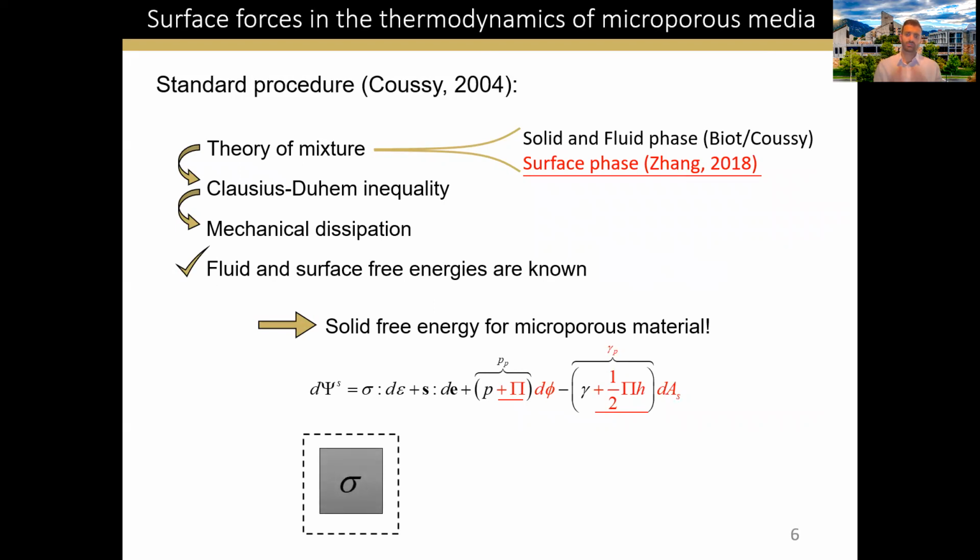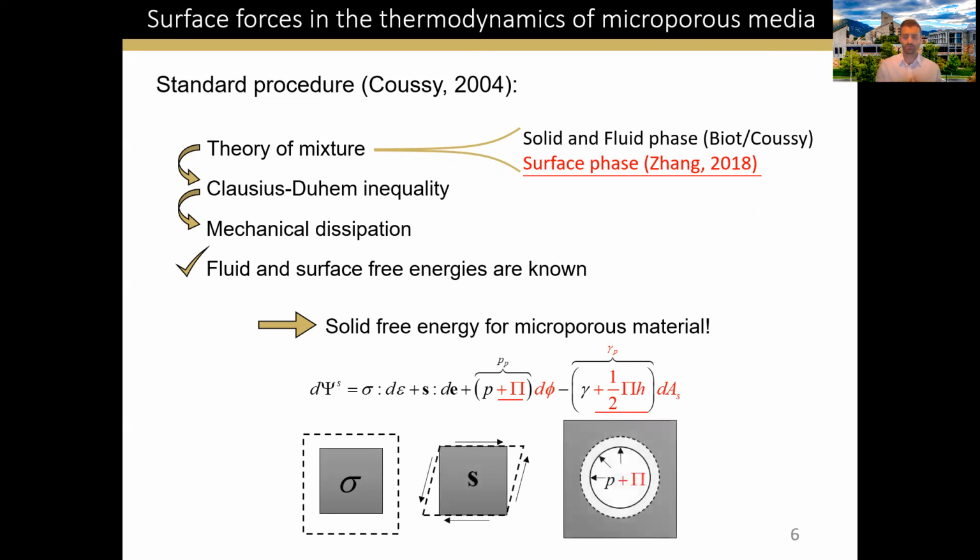The mean stress is conjugate to the volumetric strain. The shear stress is conjugate to the deviatoric strain. The energy conjugate to the porosity, which would be the pressure that the inside of the pore walls are feeling, is P plus pi. And we have the modified surface energy conjugate to the surface area.